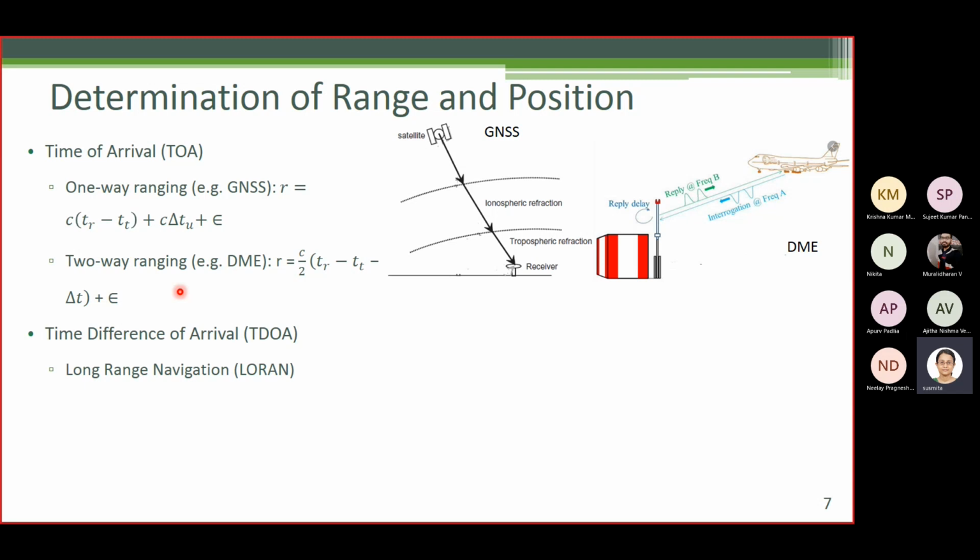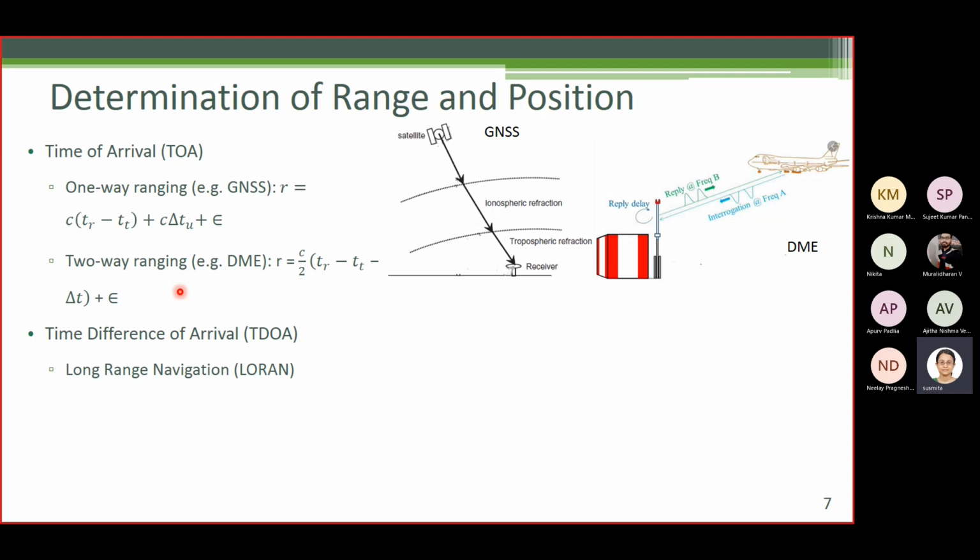Again, in the conventional design, LORAN is also undergoing modernization, and they are adopting an approach similar to GNSS. That design is called enhanced LORAN because it is more robust and more accurate. But we are not going to discuss the principles of enhanced LORAN here. We will just briefly talk about the conventional design, which is called CLORAN. Few things are common to both.